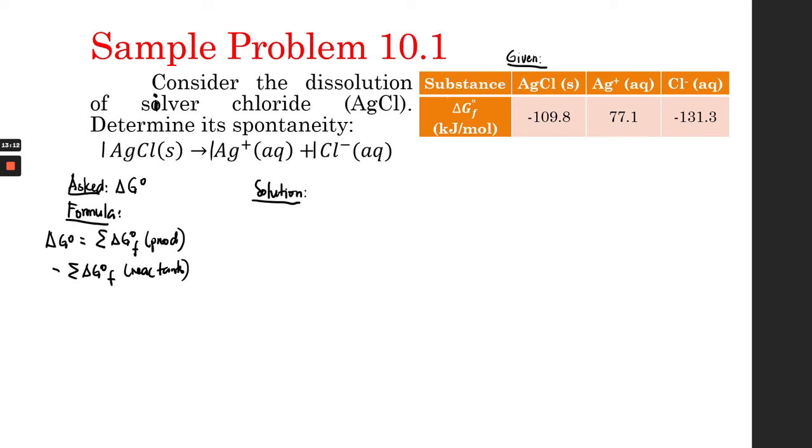Just gonna underline this. There you go. Okay, so we know that the delta G, or the standard free energy change, is equal to the sum of all the delta G of the products.